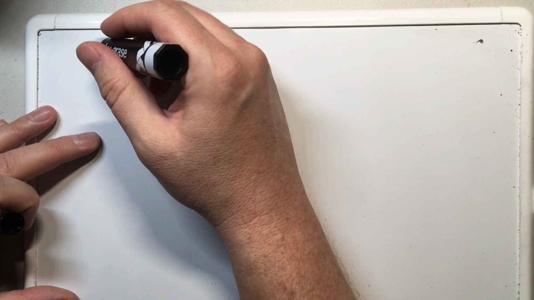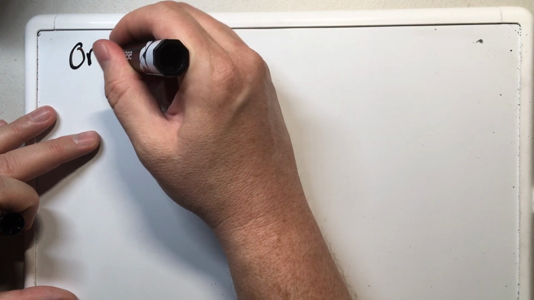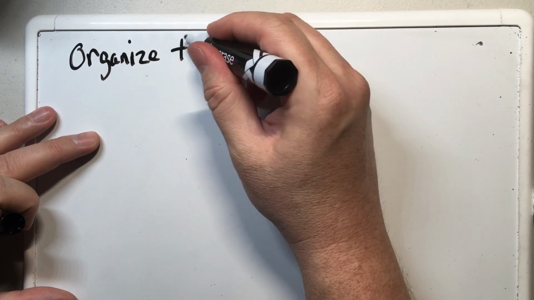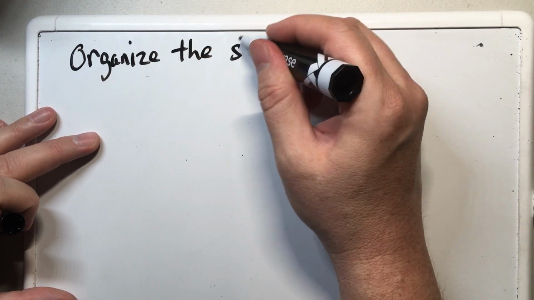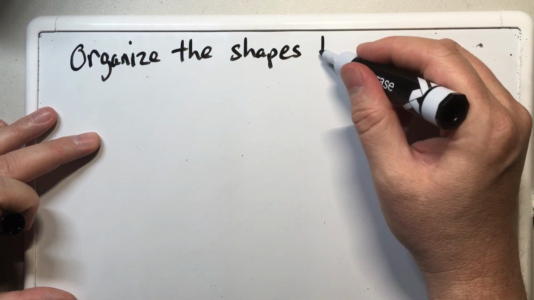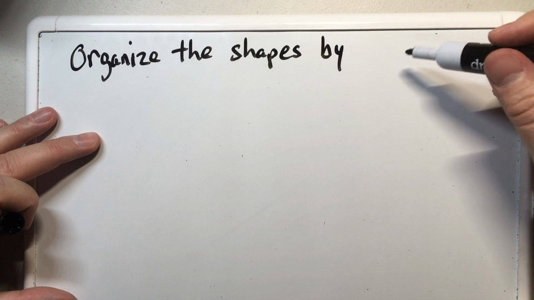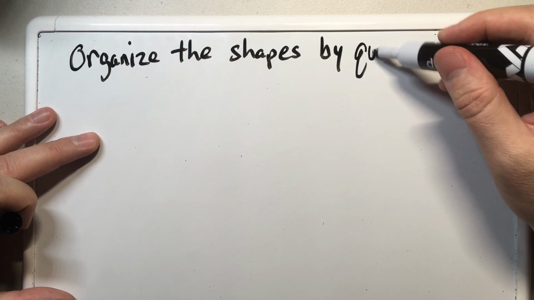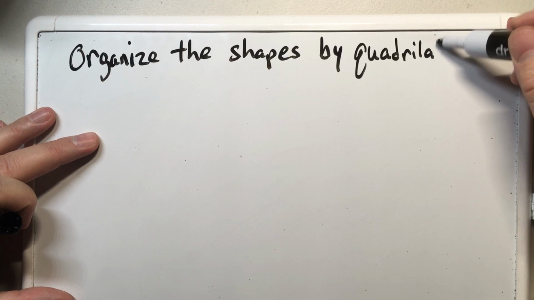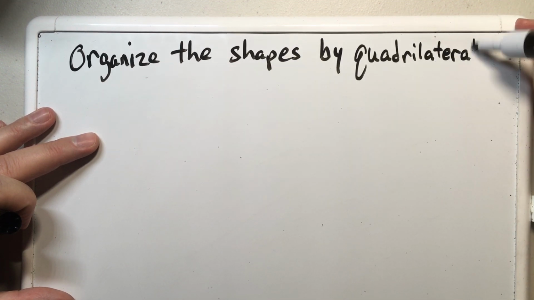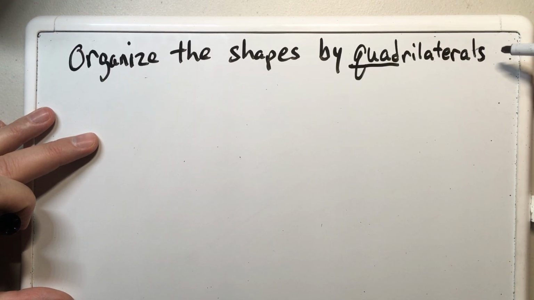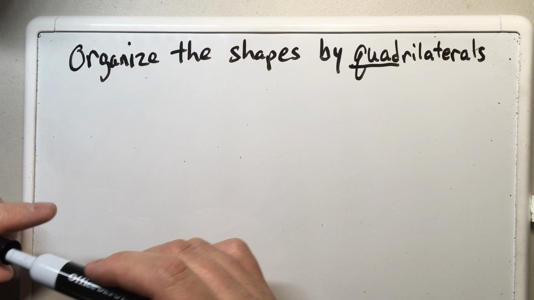So, okay, organize the shapes by quadrilaterals. Okay, the word quad means 4. And there's different ways you can think of quad.